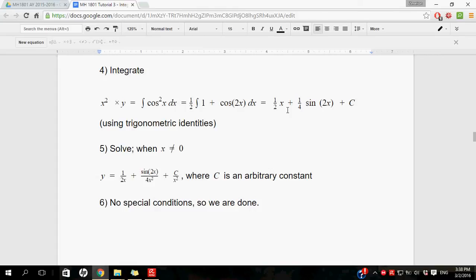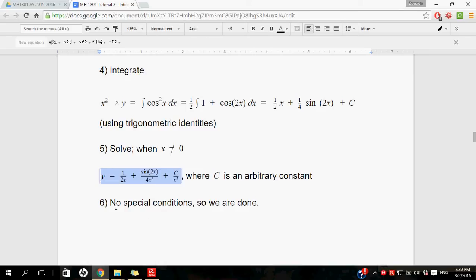We divide x over 2 by x squared. Similarly, plus sine of 2x divided by 4x squared plus c divided by x squared. This gives us the set of solutions where c is an arbitrary constant.